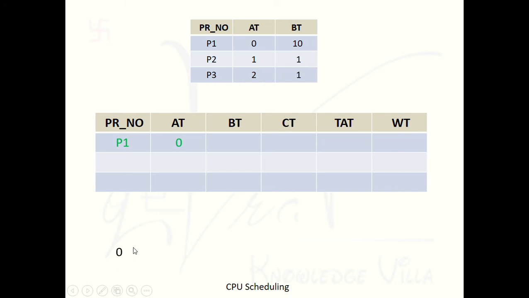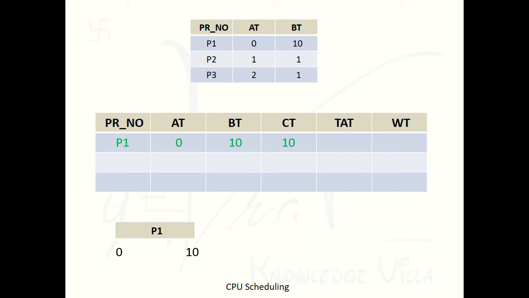But at time unit 0 no other process has arrived, only P1, so we can't compare burst times. We must allocate the CPU to P1. P1 executes for 10 time units and completes its execution at 10, so 10 becomes the completion time for P1.